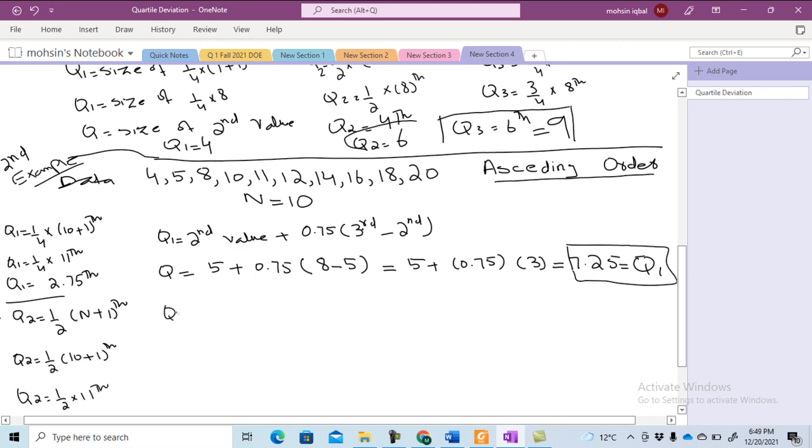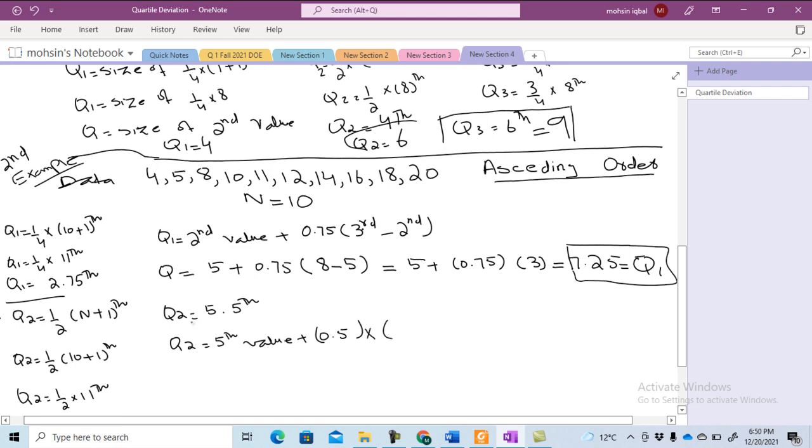When we divide it, we get Q2 equal to the 5.5th value. That means Q2 will be equal to the 5th value in the data plus 0.5, which I separated here.